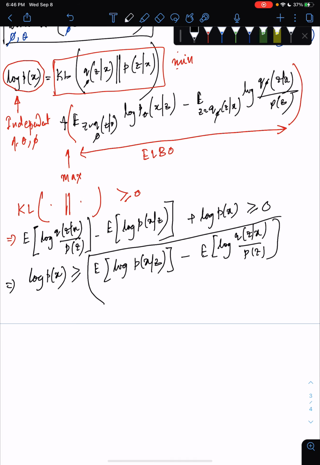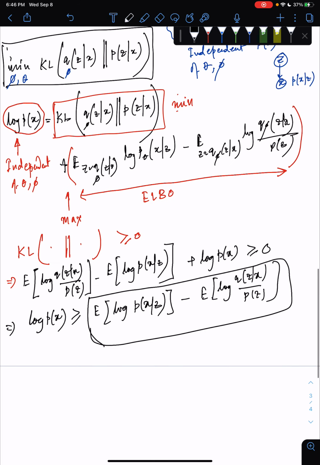This whole term is called the ELBO loss.